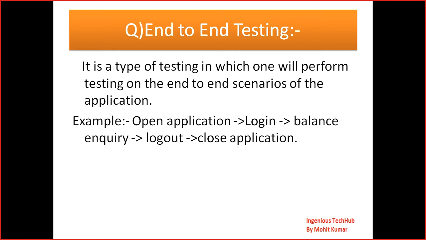Again you go and check the link, click on it and reset the password, and again log in to your Gmail application. You check whether the password is reset or not. That is called end-to-end testing. You can take multiple scenarios like that.